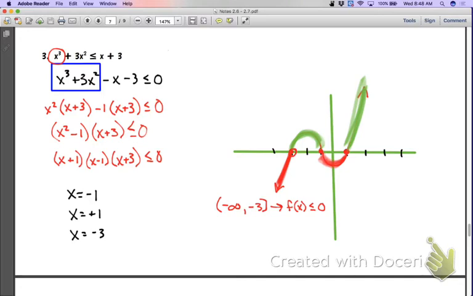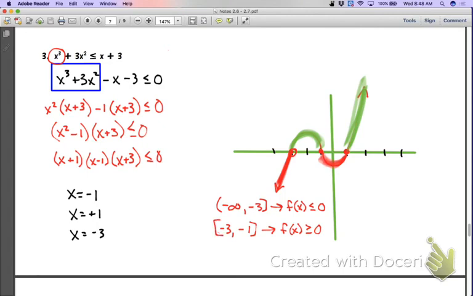What's my next interval? We've got to include -3, so -3 to -1. Then f of x is going to be greater than 0. Did we not put a bracket around the -3? Oh, yes. So we do put a bracket, because it's included.